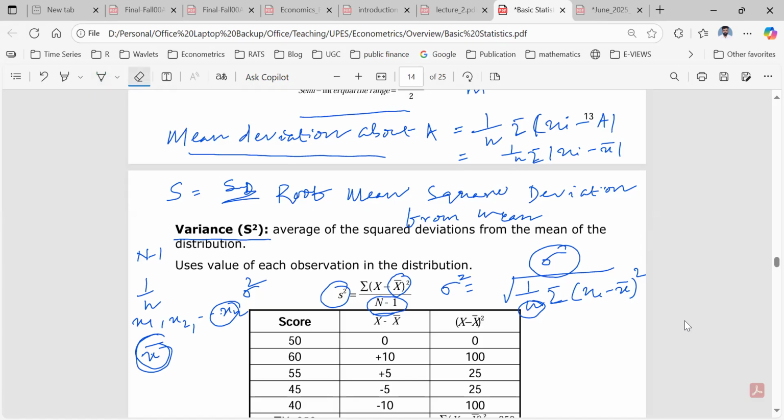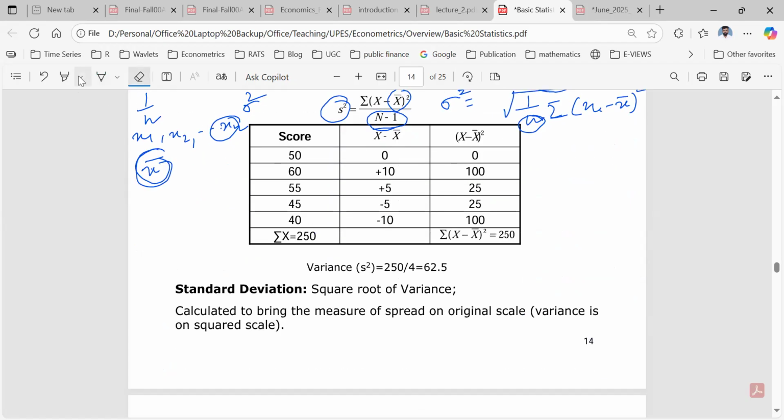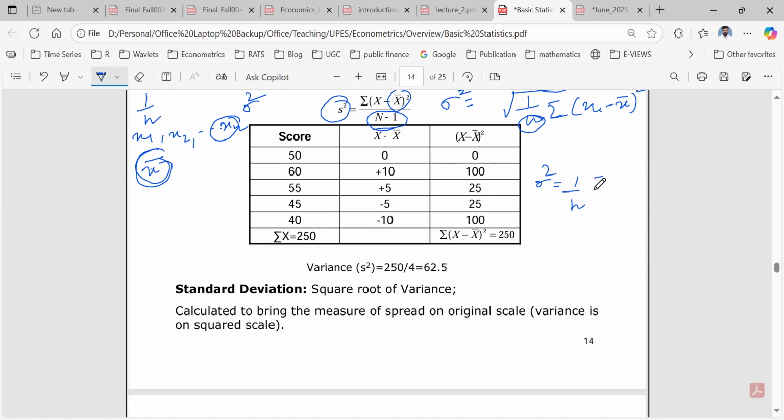The formula for sigma square is 1 upon n summation xi minus x bar square. You have to remember that I am writing small x, and you can use it synonymously: small x is equal to capital X as used in this slide.